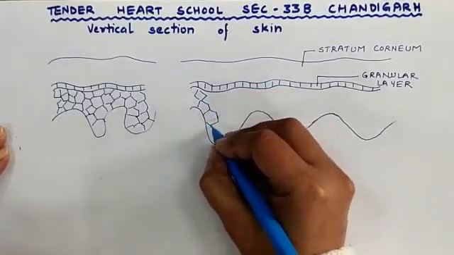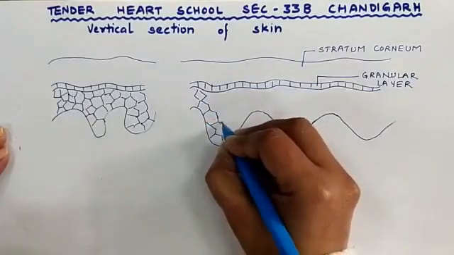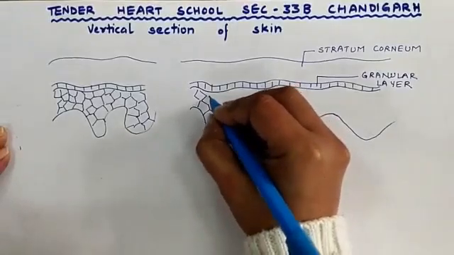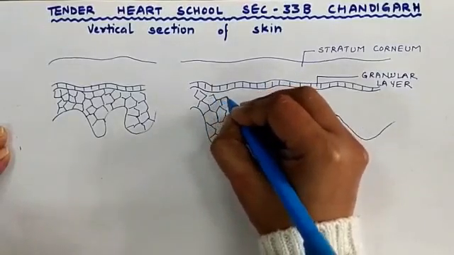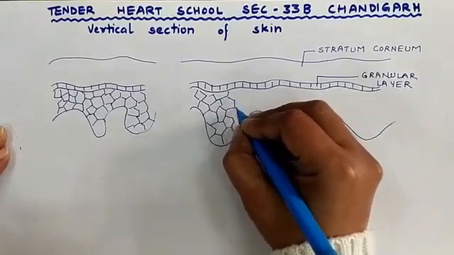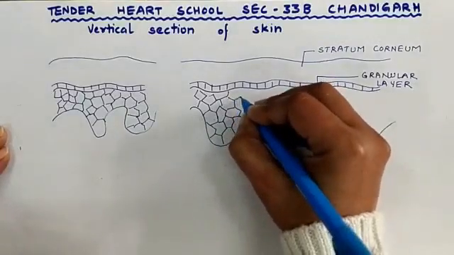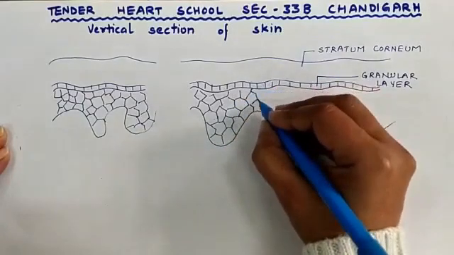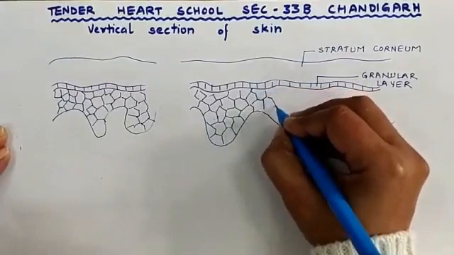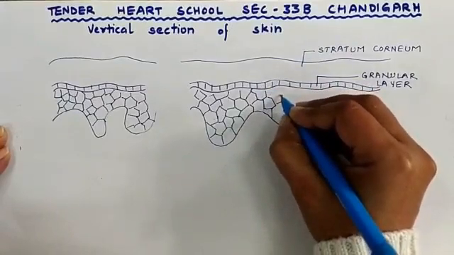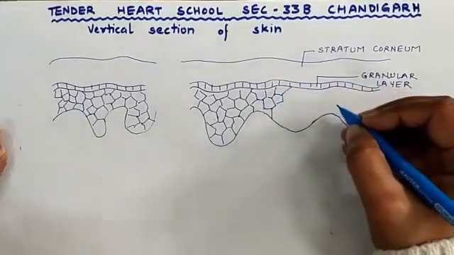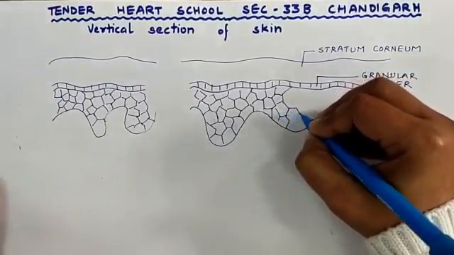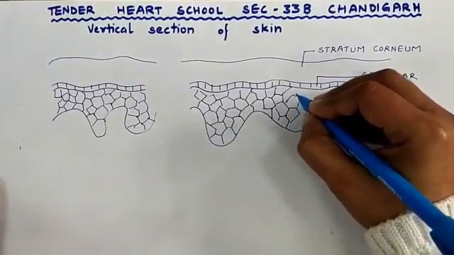Right? So you can fill this whole thing with the cells of the Malpighian layer. The depiction of the cells has to be different so that you can make out which one is the stratum malpighi and which one is the stratum corneum. So just fill this with this kind of cells, right?